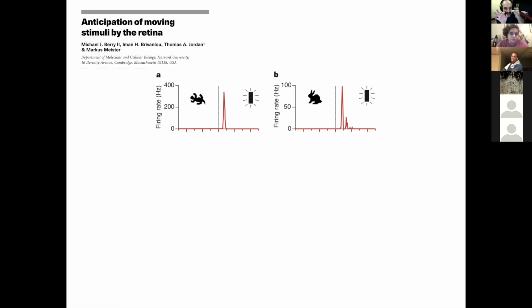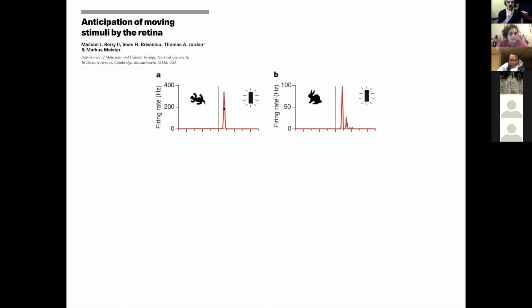So do you see my cursor? This is time zero. That's the time that the flash happened. With some delay, well, it's a neural structure, it responds to the flash and the response dies off. And you see the same phenomenon with slightly different lags in rabbit and in salamander.